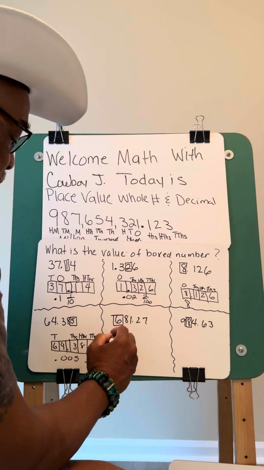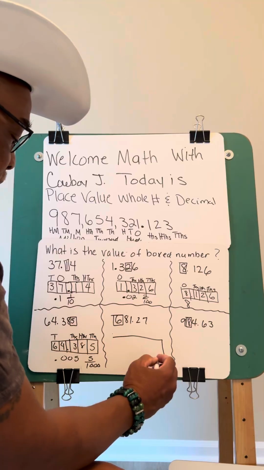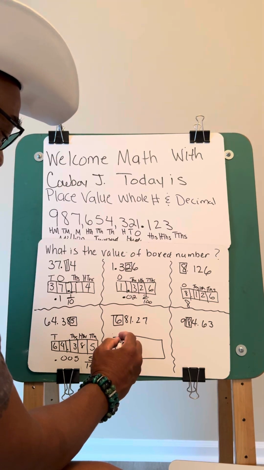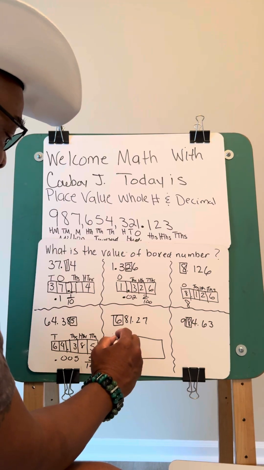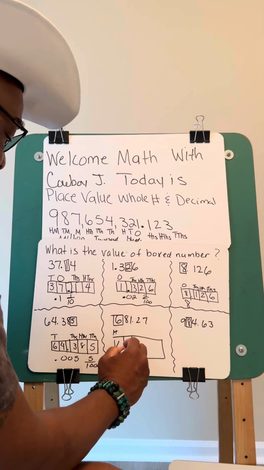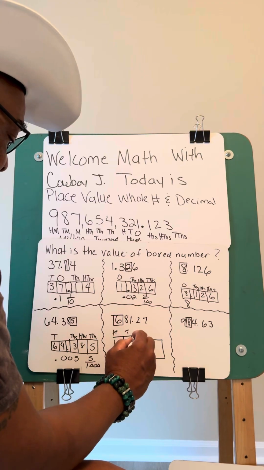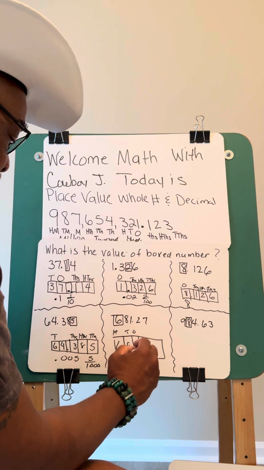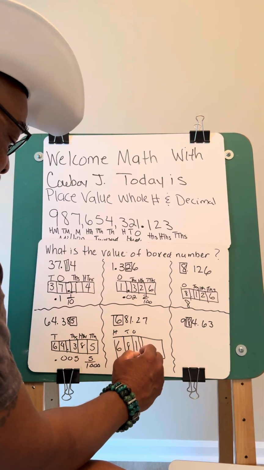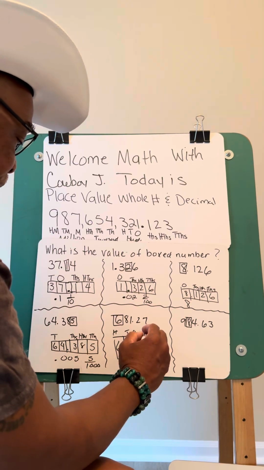And again, I know that box is pretty big. We have a 6, so we have a hundreds place. We have a tens. We have a ones. We have a decimal. We have a tenths.